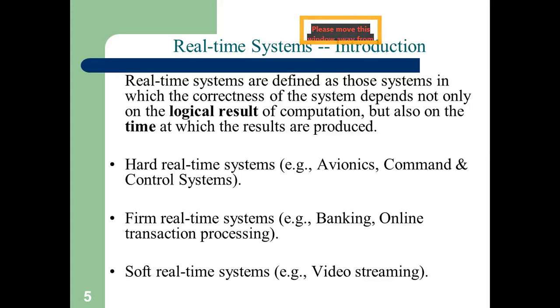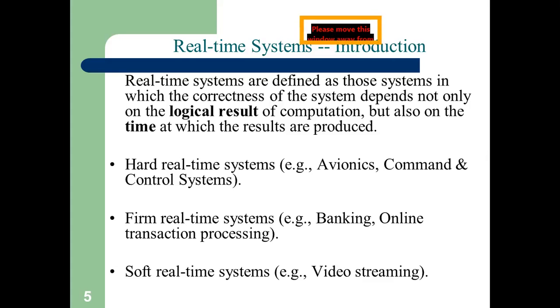So this is time-based technology, and real-time systems depend on the logical result as well as the time. Time is very important, a vital role. Now, for hard real-time systems we currently use avionics and command and control systems.